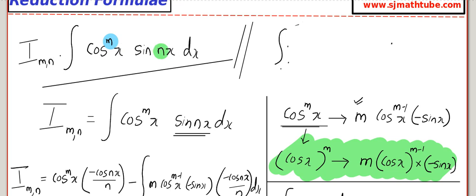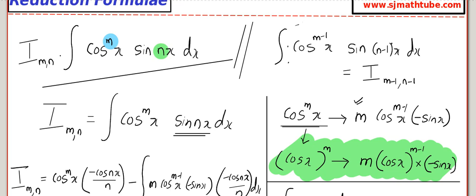Who will be cos to the power m minus 1 x sine n minus 1 x dx? Yeah, this will be our I m minus 1 comma n minus 1. So did you notice the second character, sine n minus 1 x? And did you notice the first character, cos to the power m minus 1?